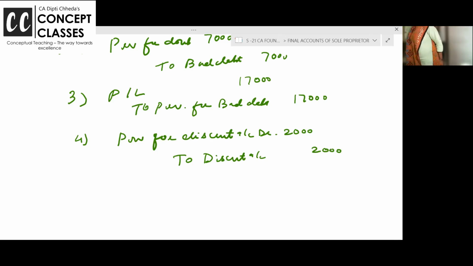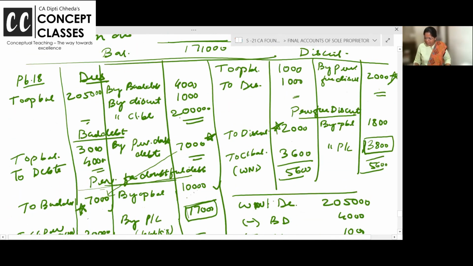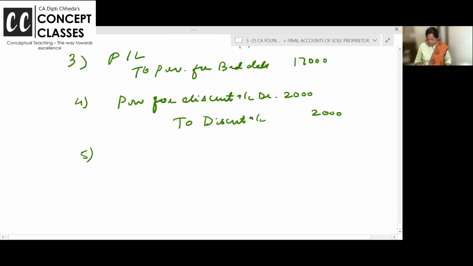Always provision for discount will not be there. I have taken all the adjustments. Then discount credit P&L debit. But अगर provision है तो adjust it. See, you have adjusted. Provision you have adjusted. And now P&L में transfer करो 3,800.